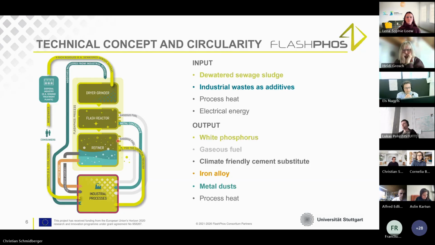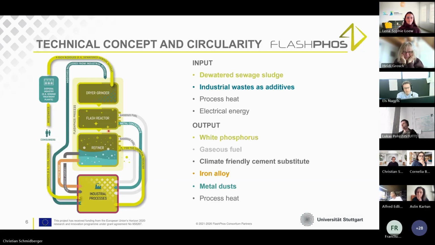There the phosphorus is reduced using coke, which means you produce a very high calorific gaseous fuel. You will end up getting the phosphorus into the gas phase, meanwhile producing a cement substitute as well as an iron alloy.